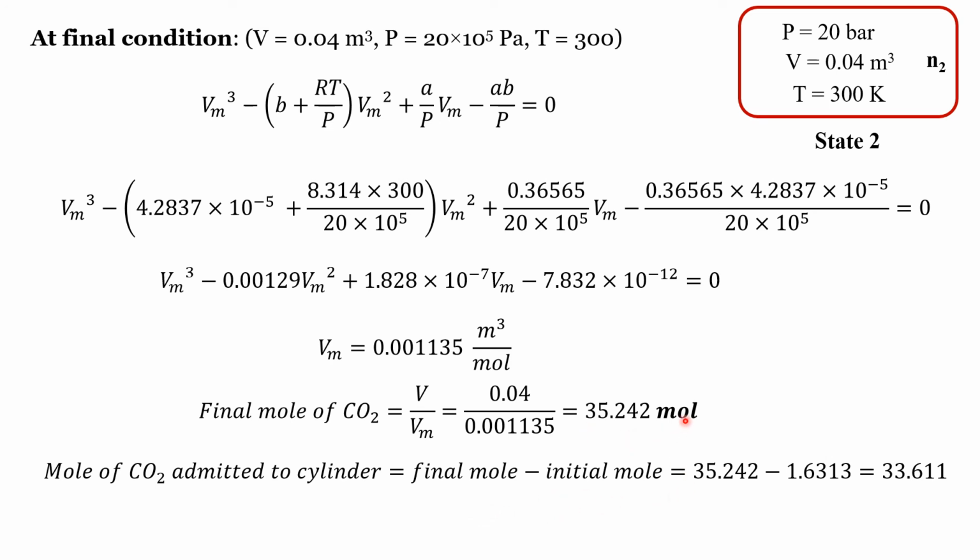This is the final moles that we got, and this is the initial moles that we estimated in the previous slide. So this is the moles of CO2 admitted to the extinguisher. We can find the weight of CO2 equal to moles of CO2 times its molecular weight, and it will come out as 1.478 kg.